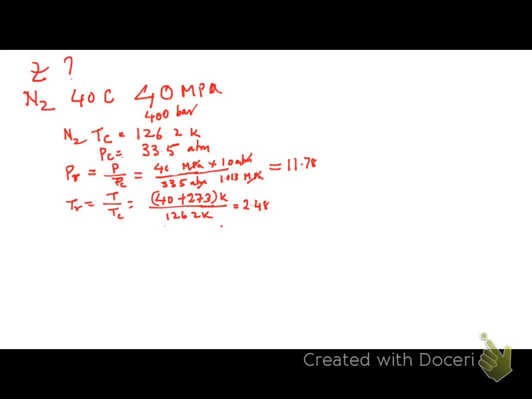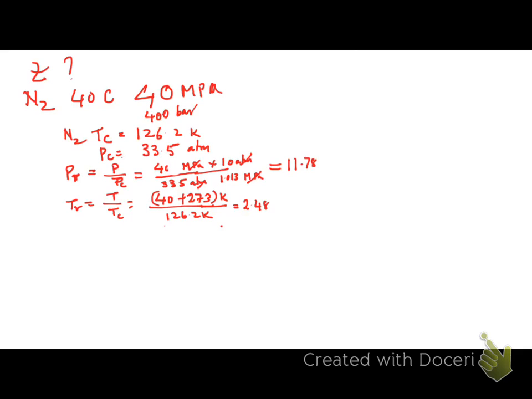There is a line for 2.5, and if I go to 11, that's coming out to be roughly between 1.2 and 1.4, very close to 1.2.